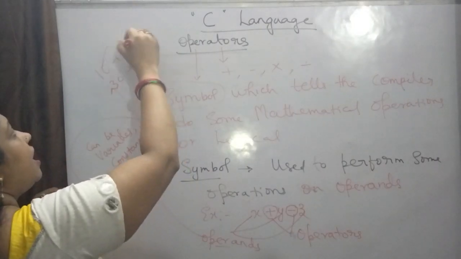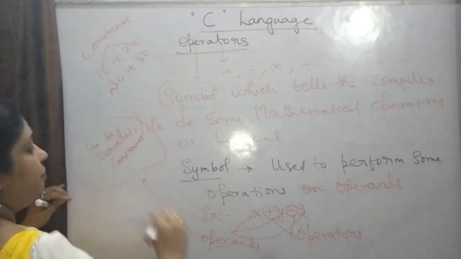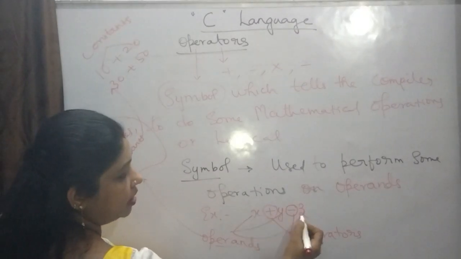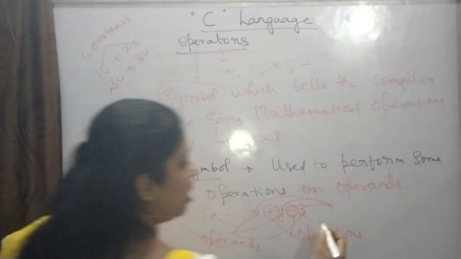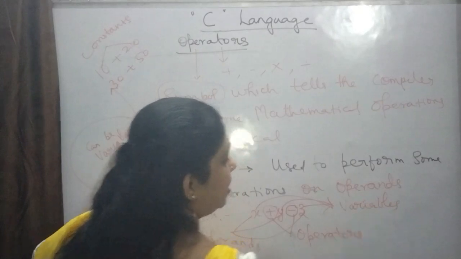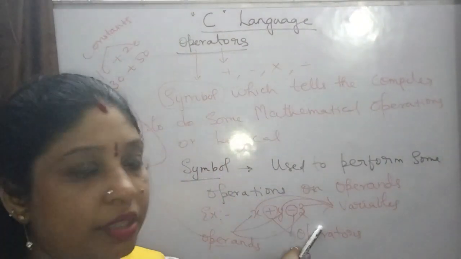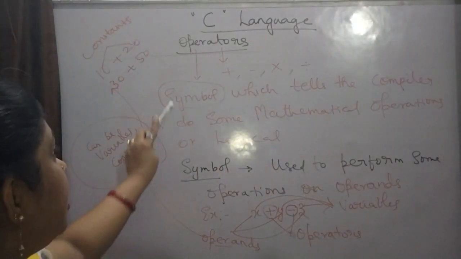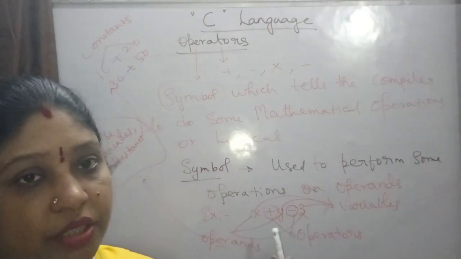So these are the constants, and variables will be like this: x, y, z are the variables. That means the symbol is going to work on variables as well as constants. So this is the explanation of operators.